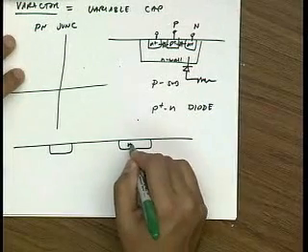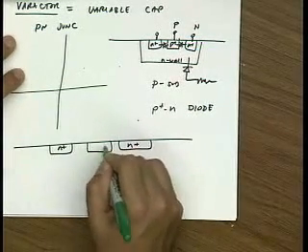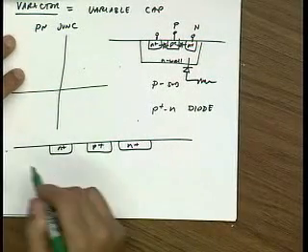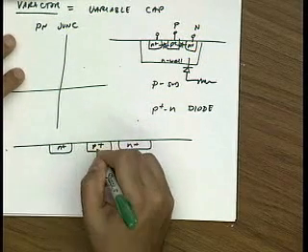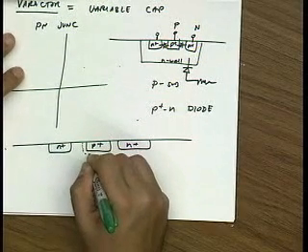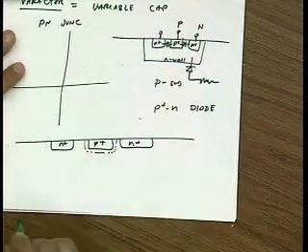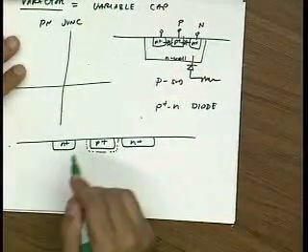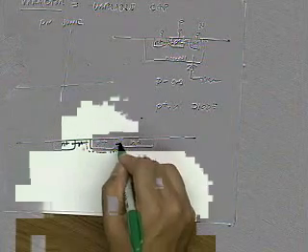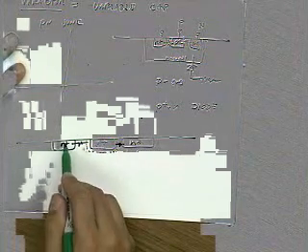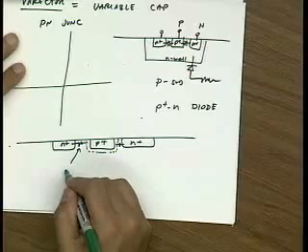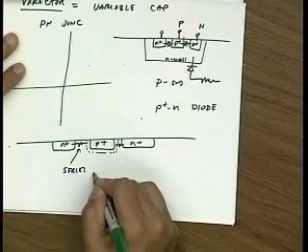So this structure is N plus, P plus, and the actual capacitor happens over here, right? It's this depletion region. This is just the extra distance we have to move to get to this contact, right? So this introduces some series resistance.